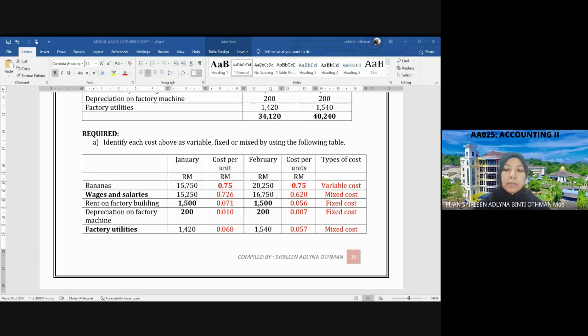Satu lagi, kita kena guna ni nanti masa awak buat assignment, group assignment. Group assignment tu ialah topic 2, 3 and 4. Madam cakap tadi, I tak nak buat table ni untuk tutorial.